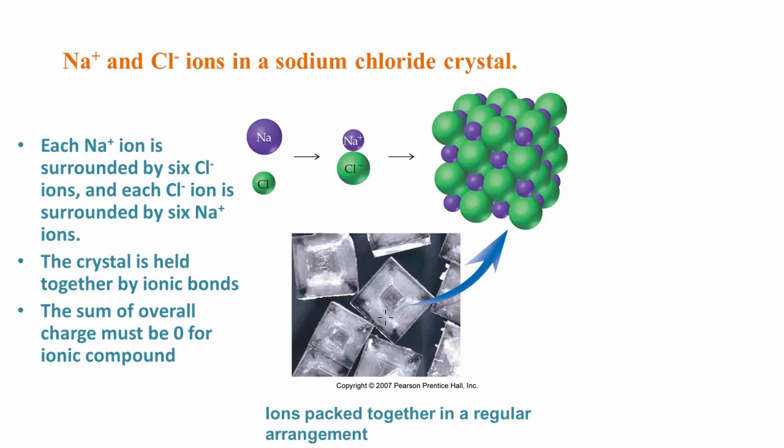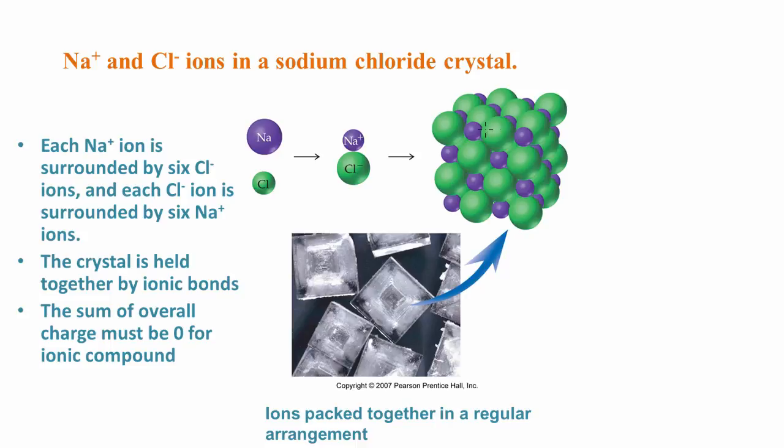And a crystal is a very ordered arrangement of these ions. And again, these ions are held together by these electrical attractions because of those opposite charges between the sodium ions and the chloride ions. So they're held together in a very ordered arrangement, and they're not able to move around.